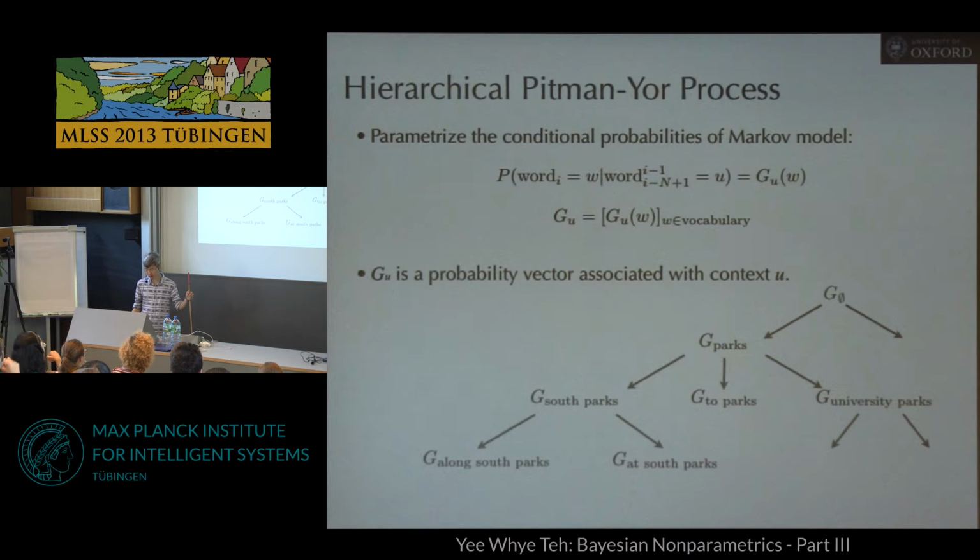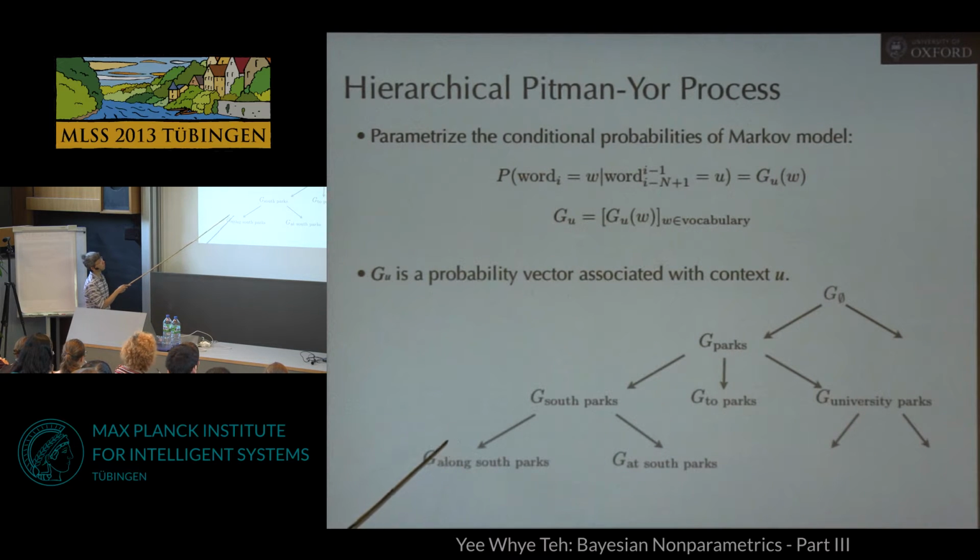Here, what I'd like to talk about is the following idea. Over here, I have described the parameters for an n-gram language model, a Markov model for sequences of words, where the order of the Markov model is just 3.